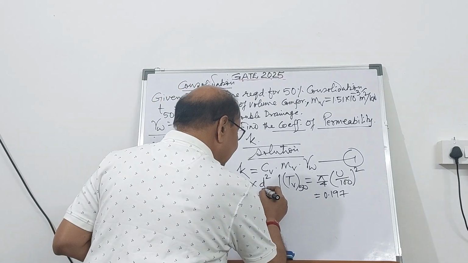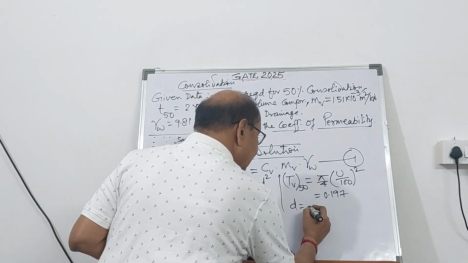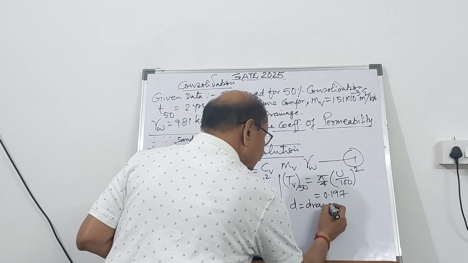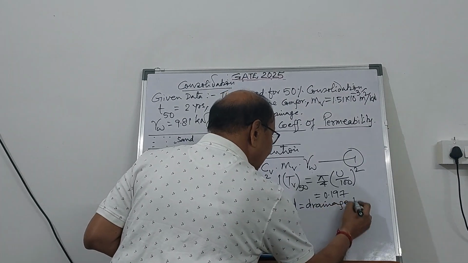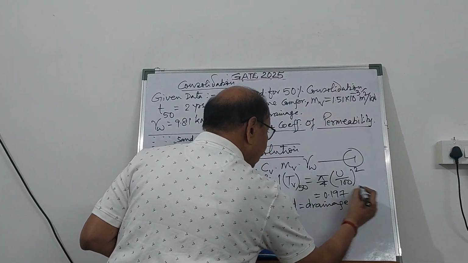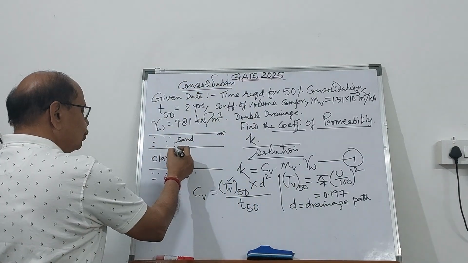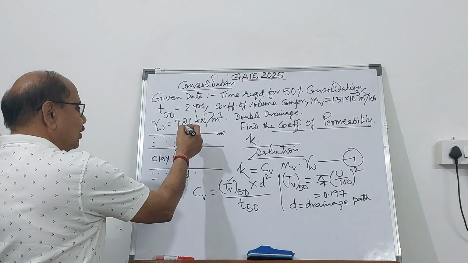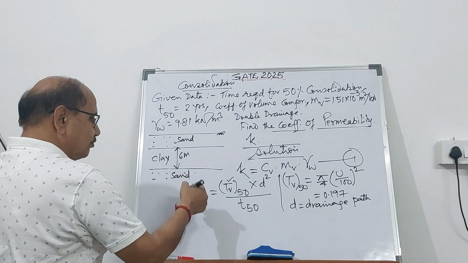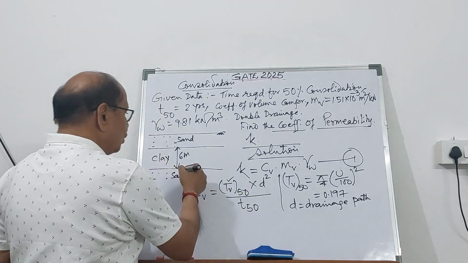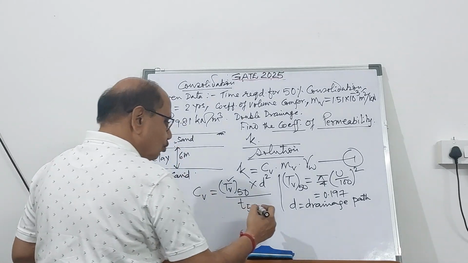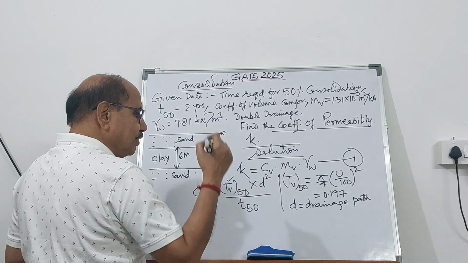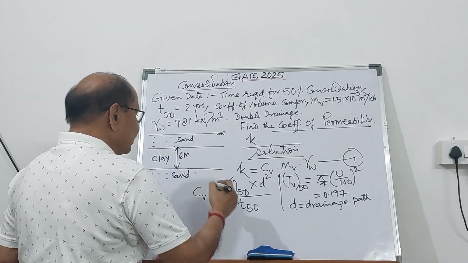Now, what about the drainage path? D is the drainage path. Because it is a case of double drainage, pore water pressure can dissipate on the top as well as at the bottom, because you have got a sandy layer up and down. In my previous videos also I have explained all those things.